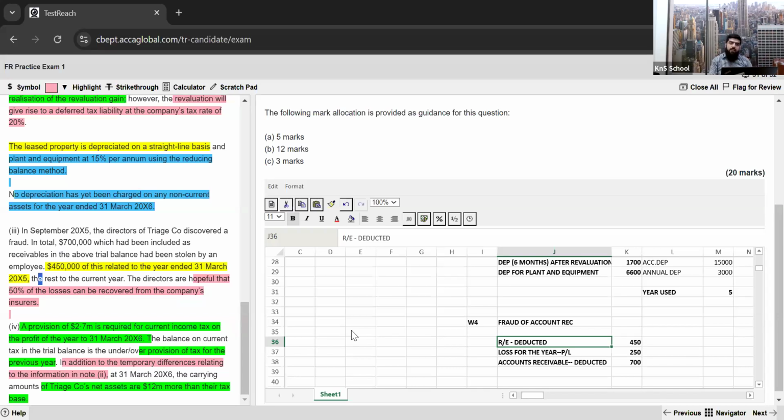So if the loss was not recorded in the previous year, the profit for the previous year was overstated, and all the profits are transferred to the retained earnings. So the opening retained earning is overstated. Now we have to adjust that retained earning balance, and we are going to reduce, or deduct, that retained earning amount. Are we clear on this one?